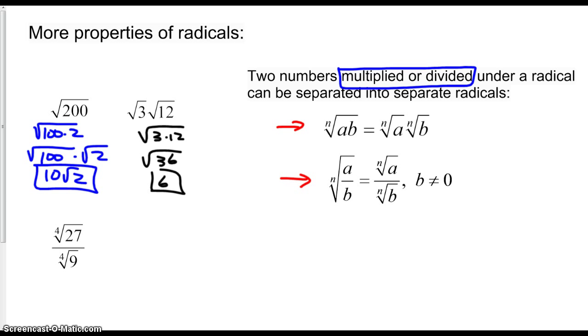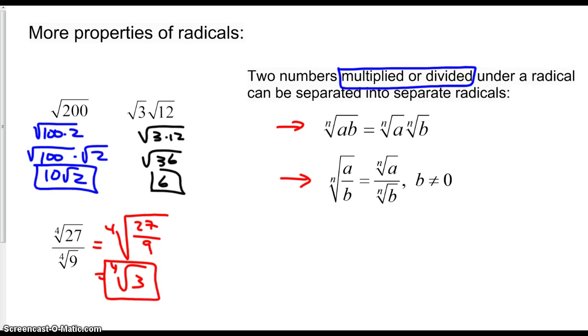Well, there is, but it's not an integer, right? There's no fourth root of 9 that's an integer. But what I could do is say this is the fourth root of 27 divided by 9, right? I can recombine that into one division, and then 27 divided by 9 is 3, so that does simplify to the fourth root of 3, okay? So you could do things like that using this property.